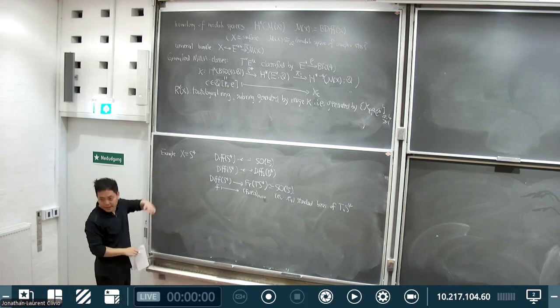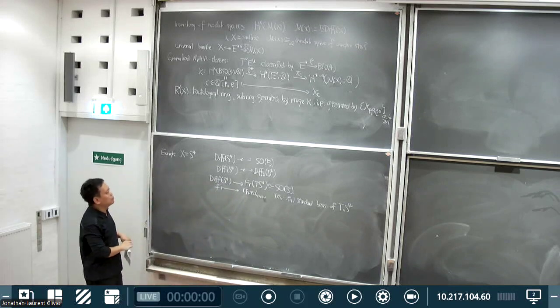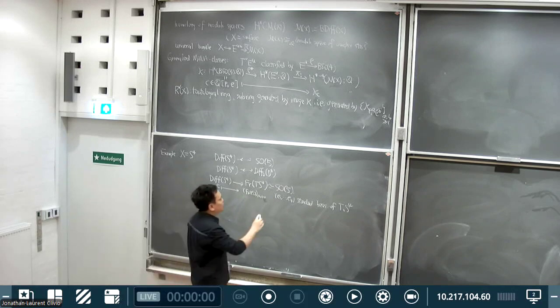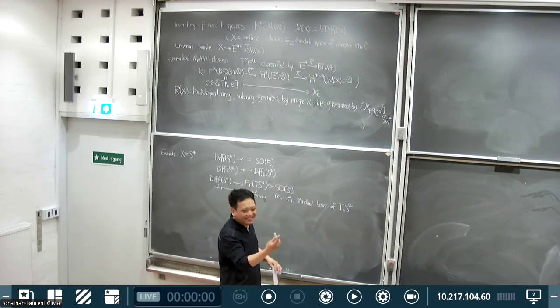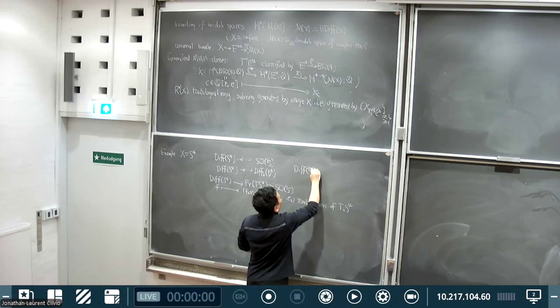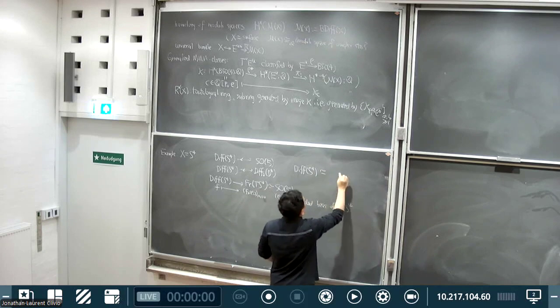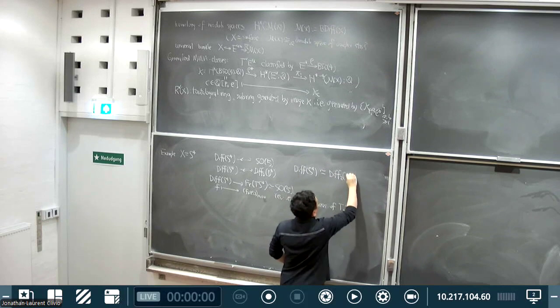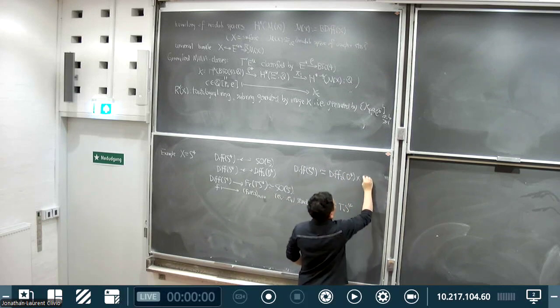So using this, it's not hard to prove that. When I say we know nothing, we know something. We know something basic, which is that this space for S4 is homotopy equivalent to D4 cross SO5.